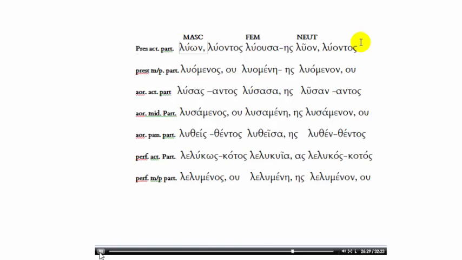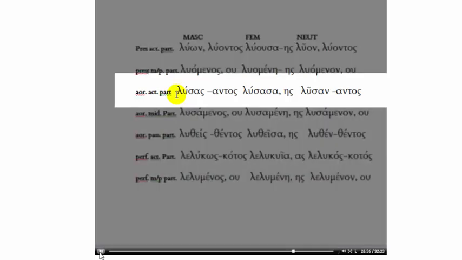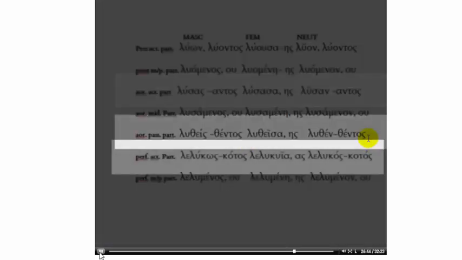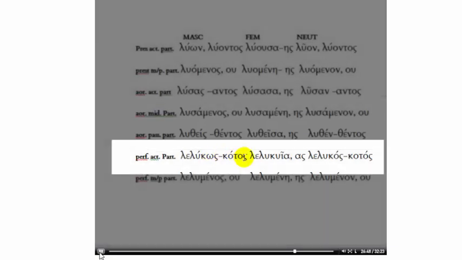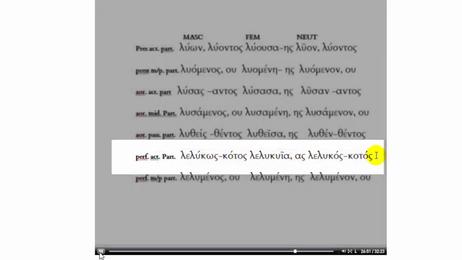So that's the masculine and the neuter. Those are all third declension. You see the same pattern, by the way, in the aorist, with the masculine and the neuters. You see it in the aorist passive, lutheis, luthentos, luthen, luthentos. Again, third declension. Same thing with the perfect active, lelukos, lelukotos, lelukos, lelukotos. So you see it.